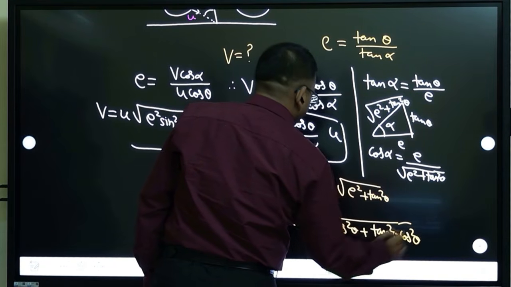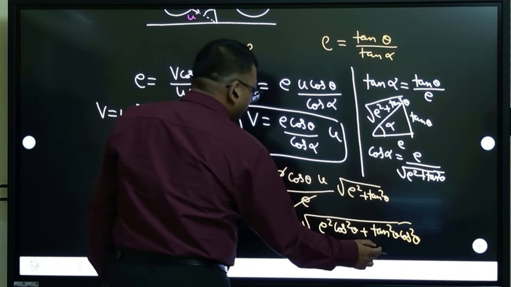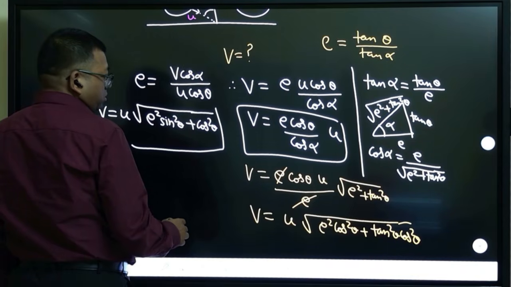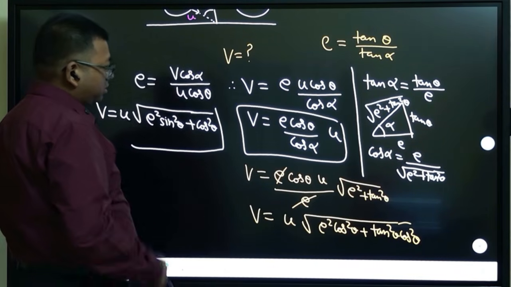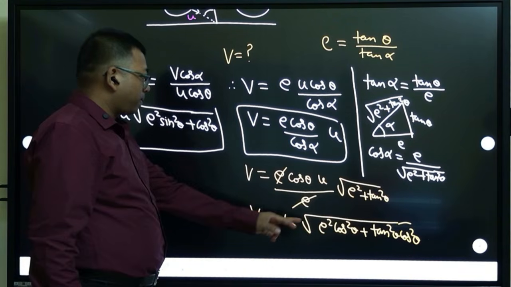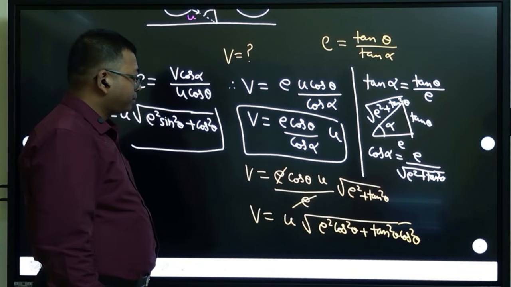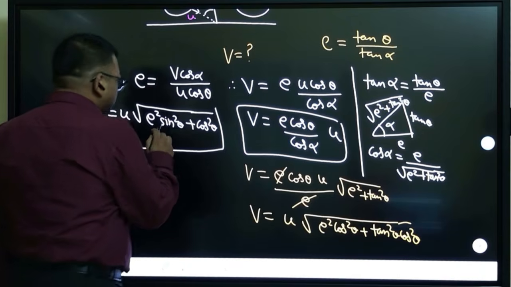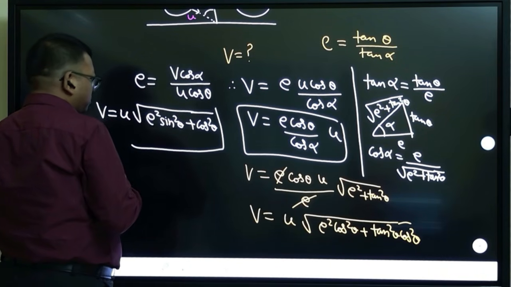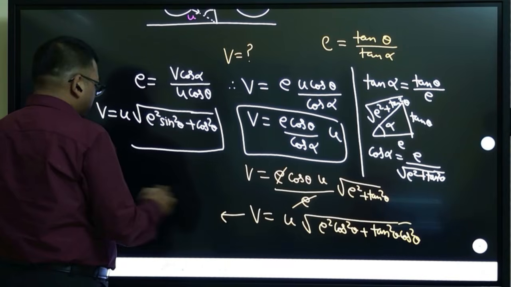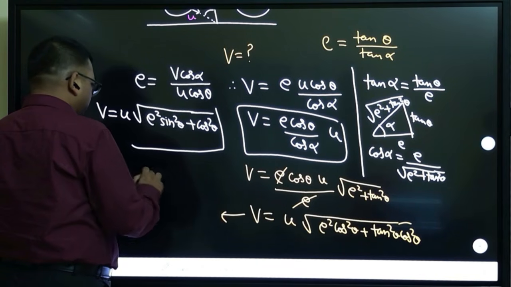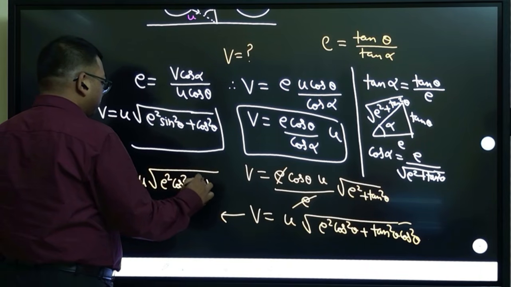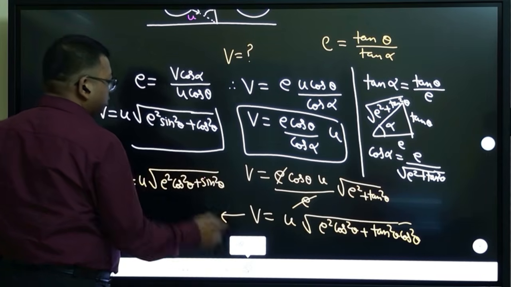Because tan square is sin square by cos square, it will give sin square. Somewhere I think this is not correct. I think this is E square cos square, right? Yeah, that's what we got. E square cos square theta plus sin square theta. This is the answer.